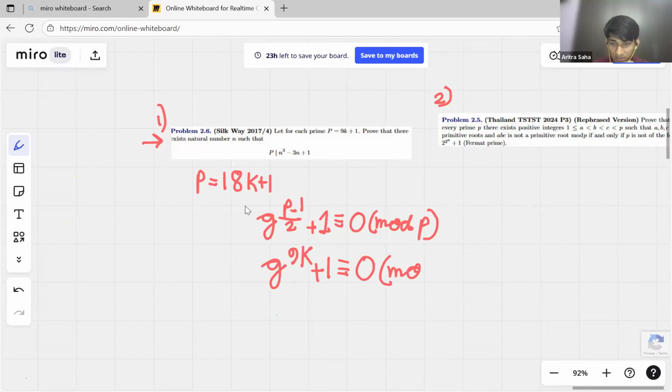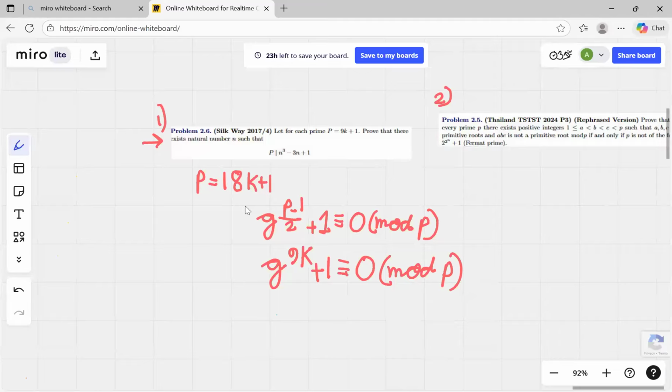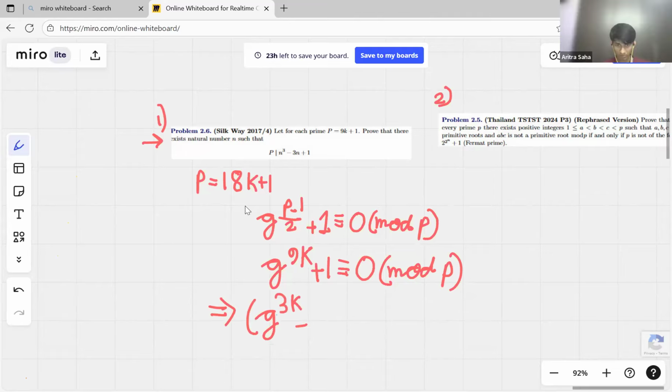Okay, and this is the hint. Now you have g to the power 9k plus 1 to be 0 mod p. From here, what is the first step you should do? I mean, it's a cube plus b cube. Exactly. So just take g to the power 3k plus 1.